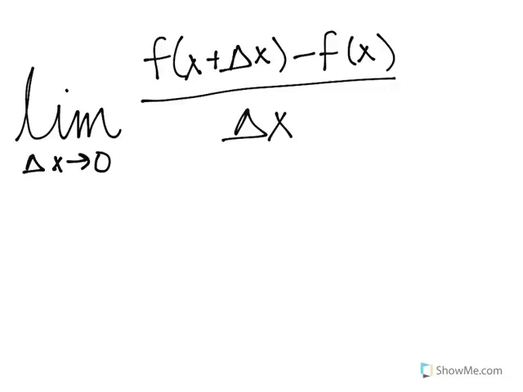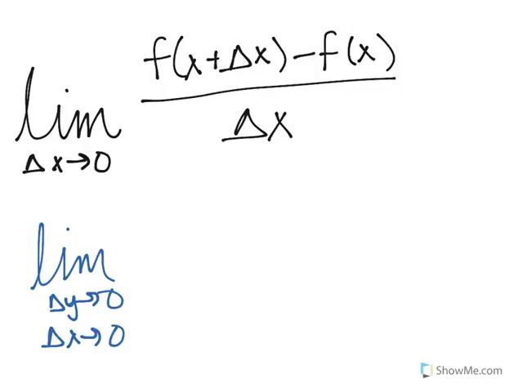delta x. If you are not sure what this means, it is basically the limit as your change in y and your change in x become smaller and smaller, close to 0, and it's just the slope, delta y over delta x.